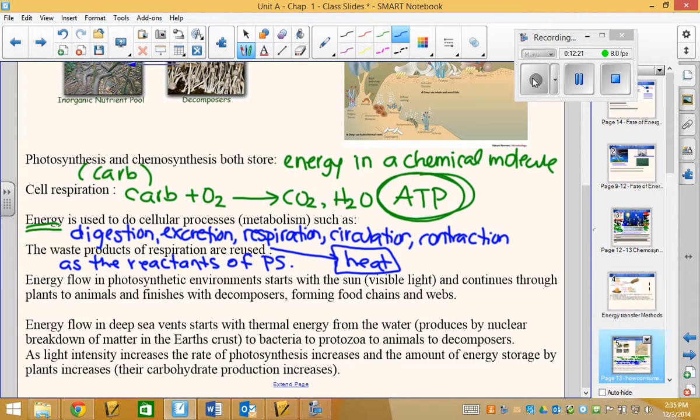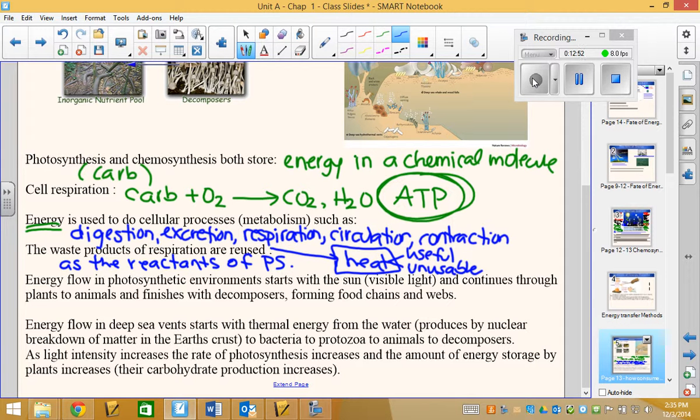Your muscle contractions, because of cellular respiration, are producing heat, and that's making you warmer. But sometimes heat is not useful energy. And so I just want to point out it can be useful or it can be unusable to the living organism who produced it. It all depends on what their temperature is when they perform cell respiration.